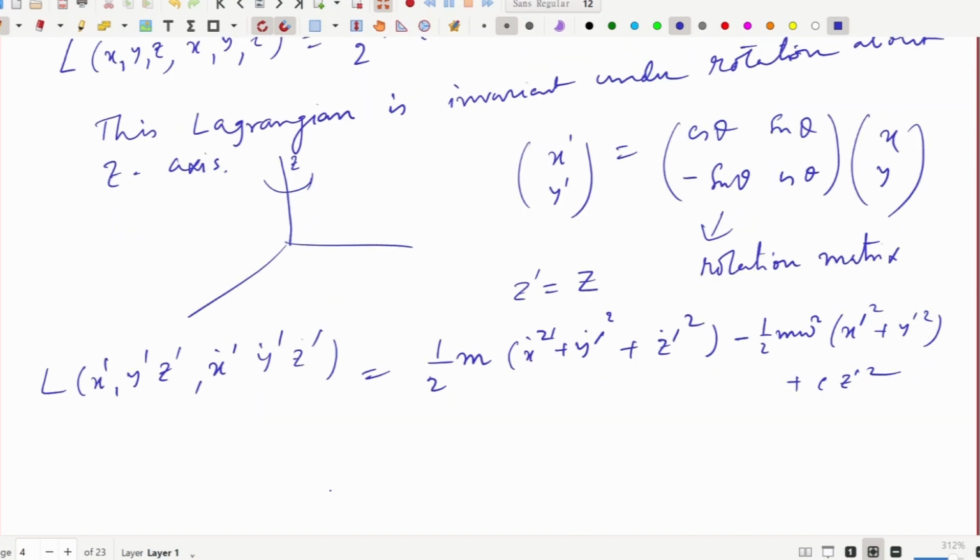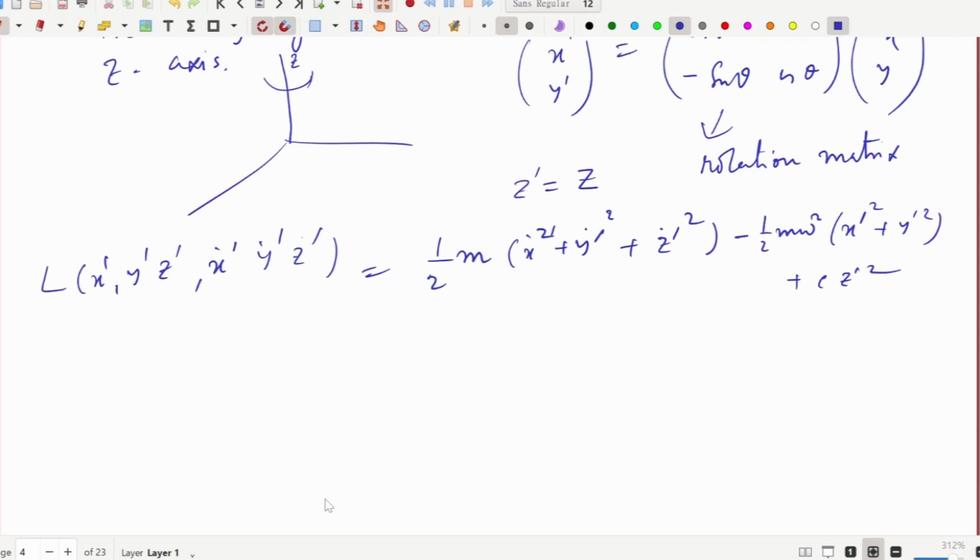So, this system has a rotational symmetry. That means it is isotropic in the x y plane.